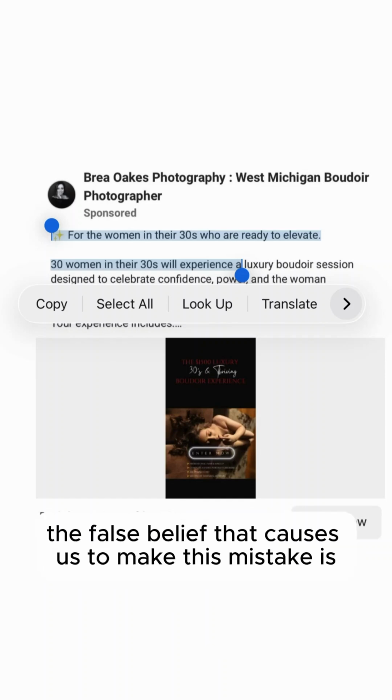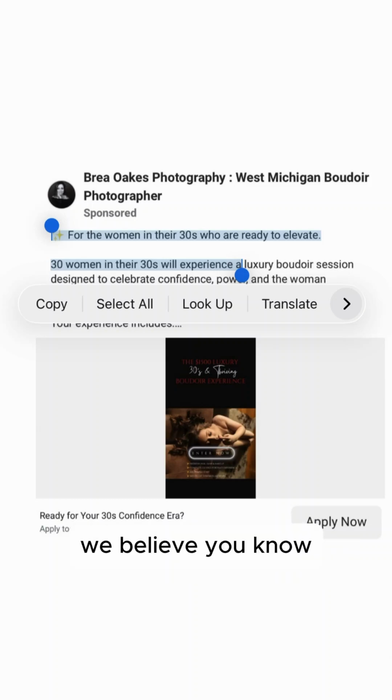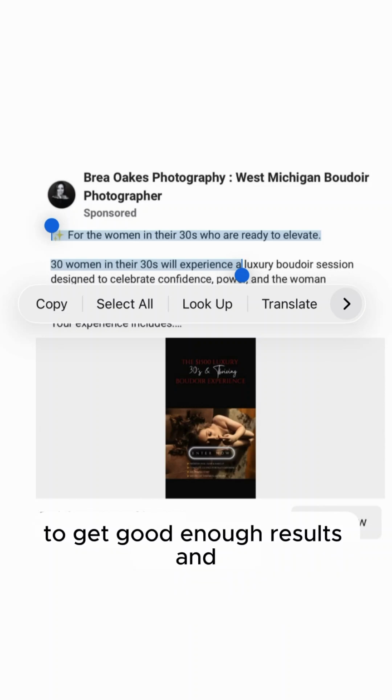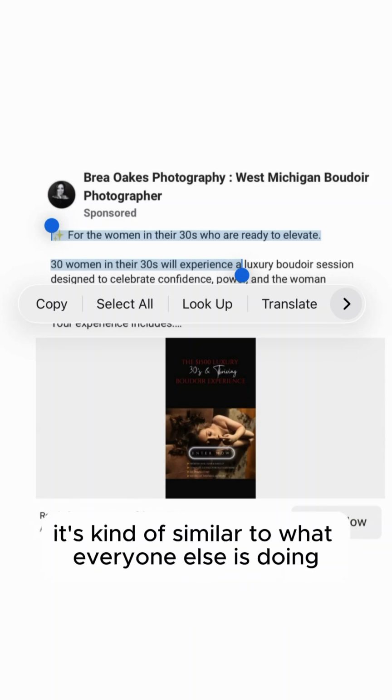The false belief that causes us to make this mistake is we believe we've provided a good enough headline to get good enough results, and it's similar to what everyone else is doing.